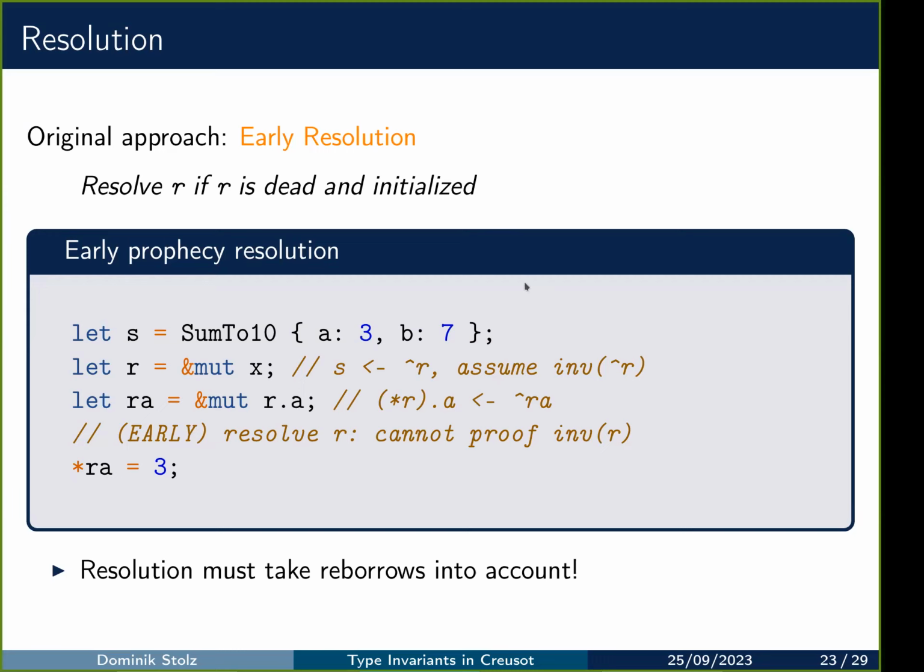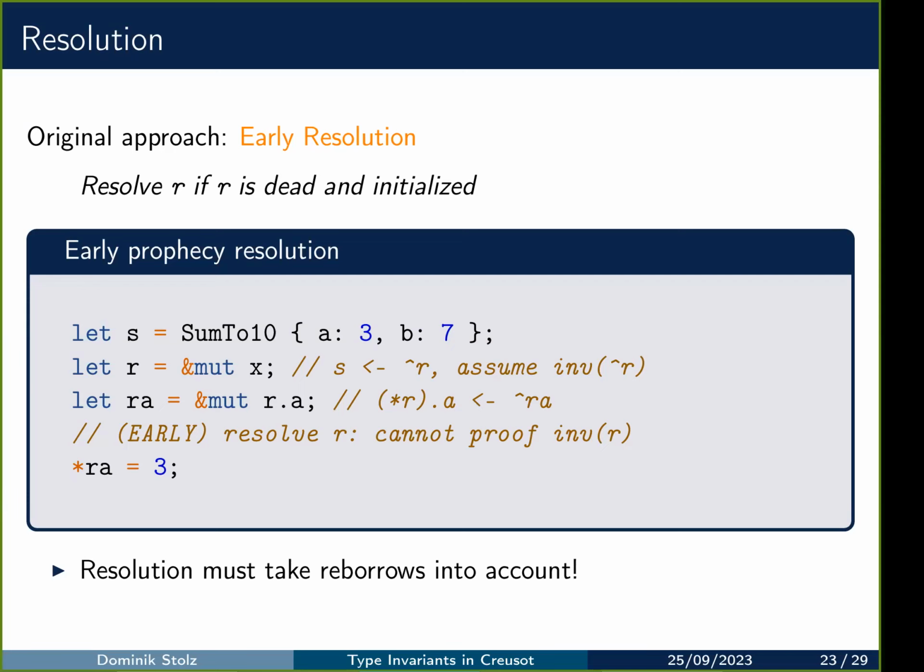But the reborrowing meant that now the A field of the reference equals the prophetic final value of RA, which we don't know at this point. And this also becomes clear if we look at the last line, where we write 3 to the reborrowed reference RA.